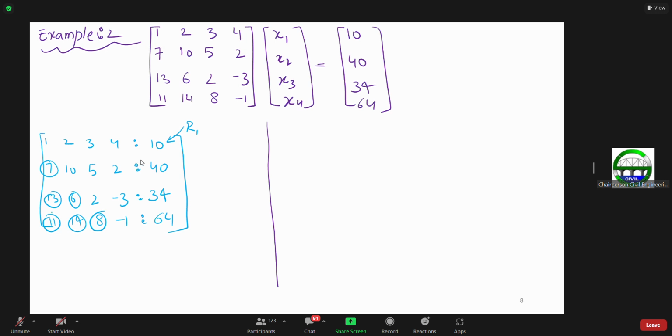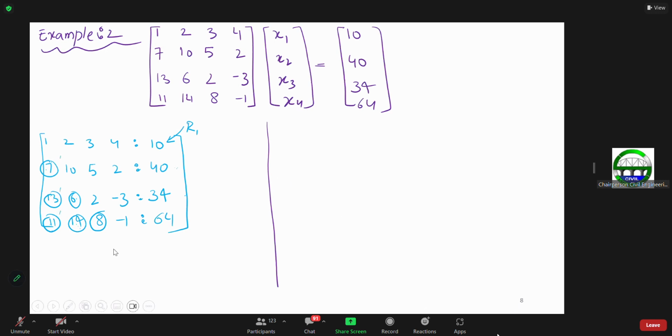To make these three zero, we will use R1. To make these two elements zero, we will use R2. To make this one zero, we will use R3. Okay, is it clear?